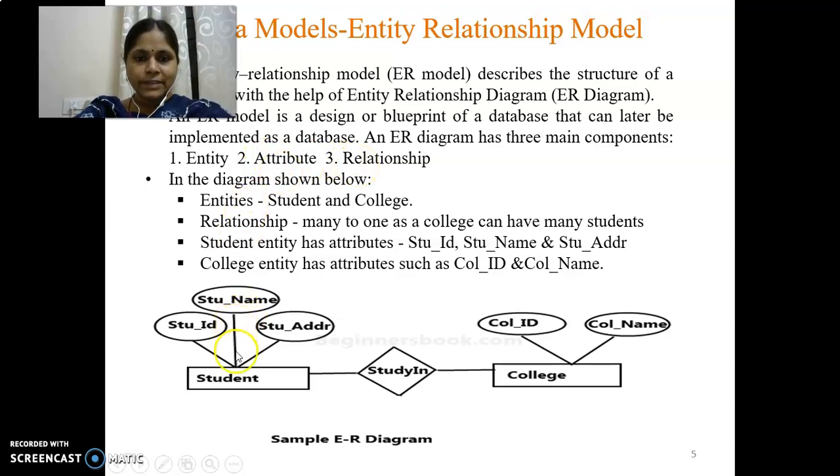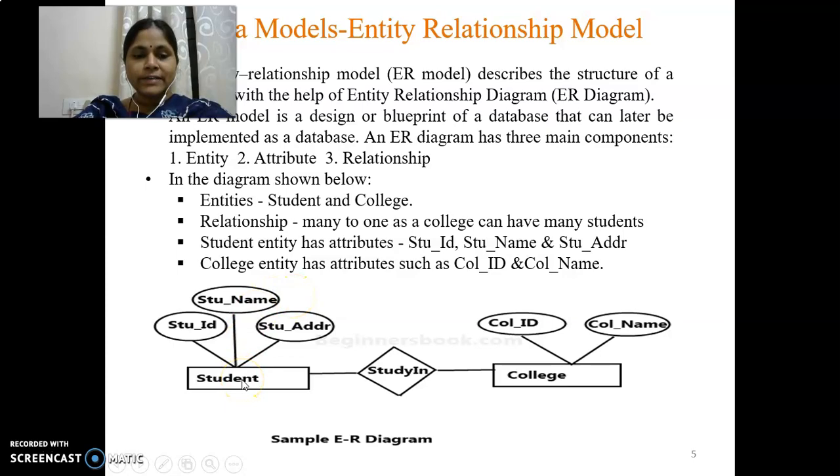So entity is nothing but the student here in the diagram and college. The rectangular representations are called entities, the ovals are called attributes, and the relationships are represented by the rhombus shapes here. So in this ER diagram, student and college are the entities.